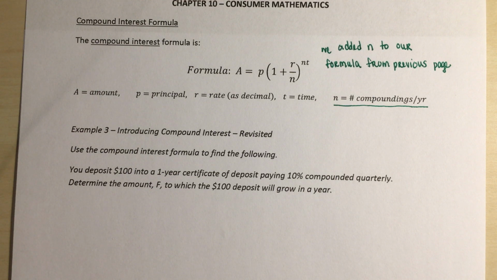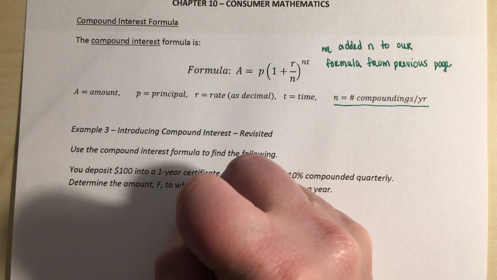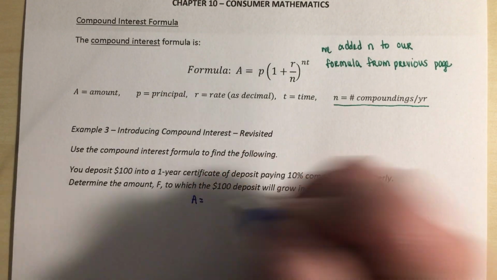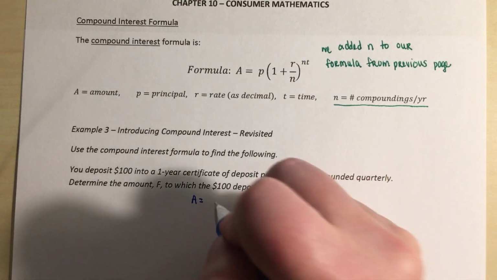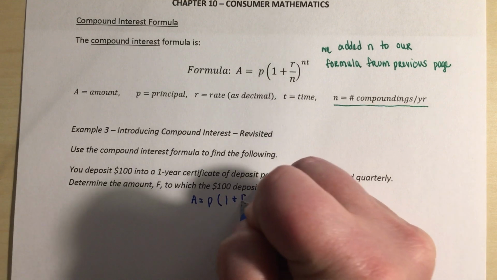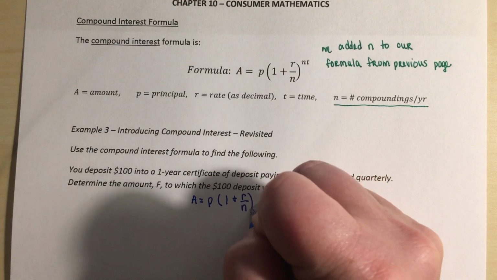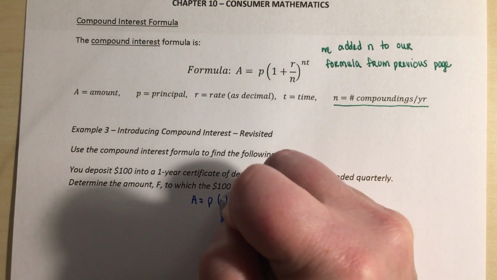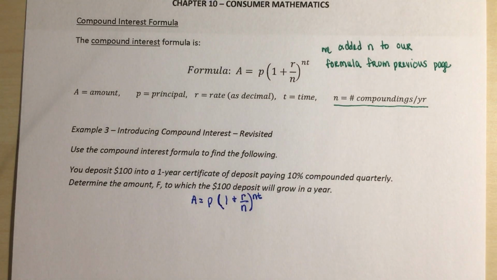But in this case, we're going to determine the amount A to which the $100 deposit will grow in a year, and instead of doing it in 4 steps like in the last example, we're going to do this in 1 step. As I've done with most of these problems in this chapter, I'm going to start by writing out my formula. You do not need to worry about memorizing these formulas, you just want to make sure you know how to use them. However, I do strongly suggest writing them out as you're setting up a lot of your problems.